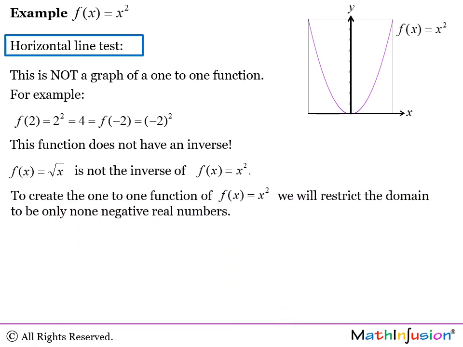To create a one-to-one function from f(x) equals x to the power of 2, we will restrict the domain to be only x greater or equal to 0.